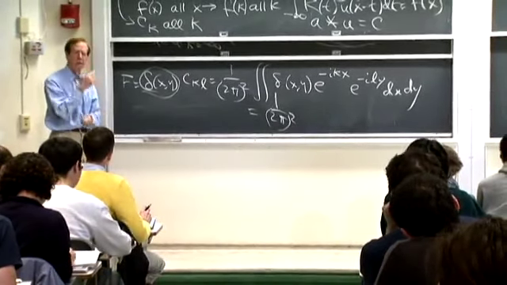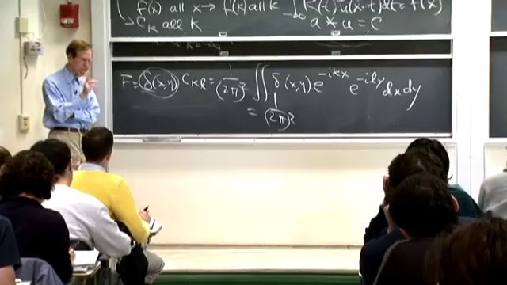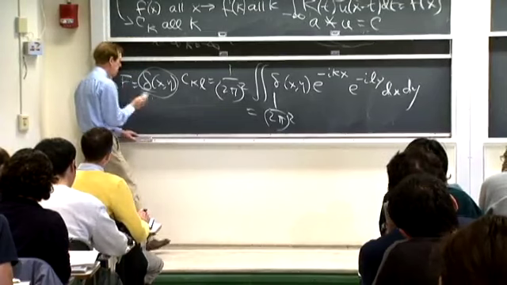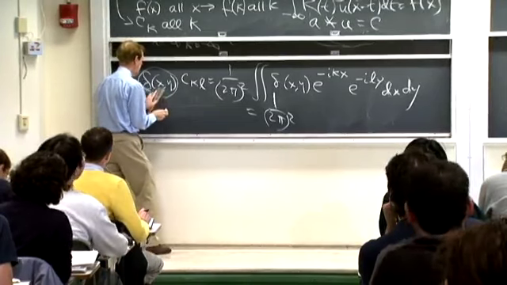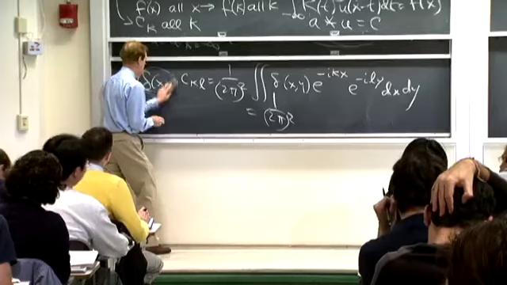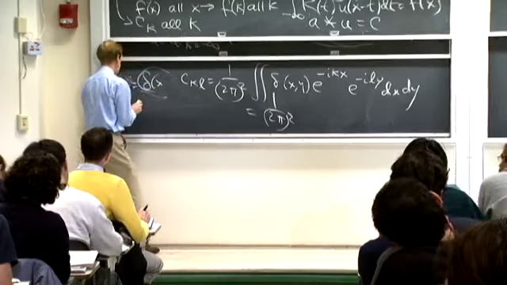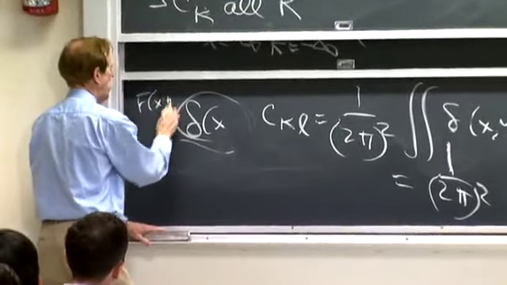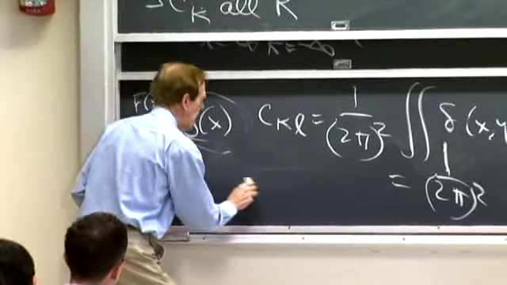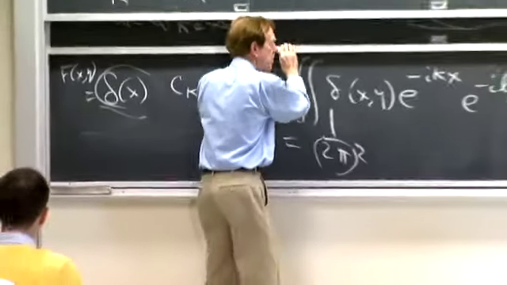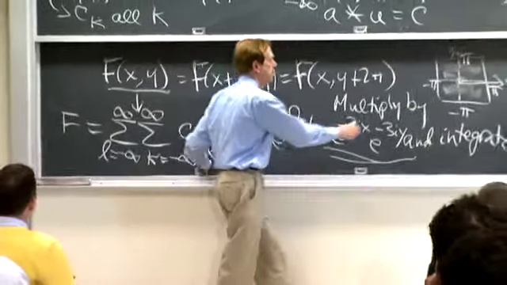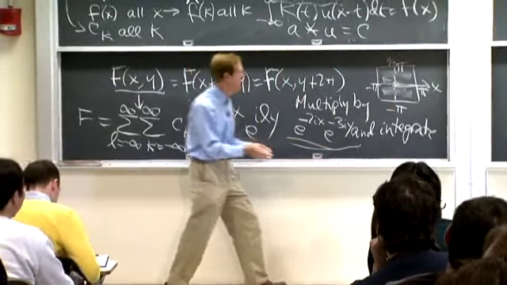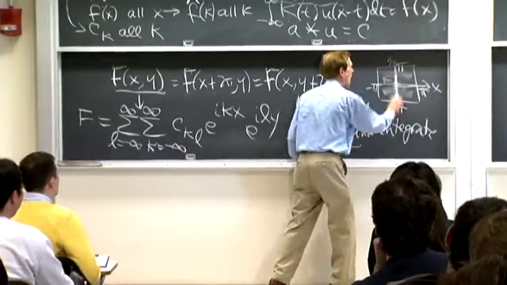What about a line of delta functions? And what does that mean? Let me try to draw delta of x. Suppose I have a function of x and y. It's worth imagining a line of delta functions. I have delta functions all along this line.